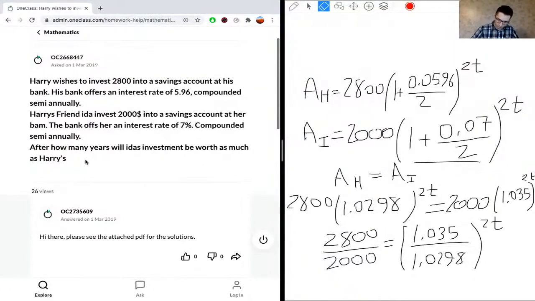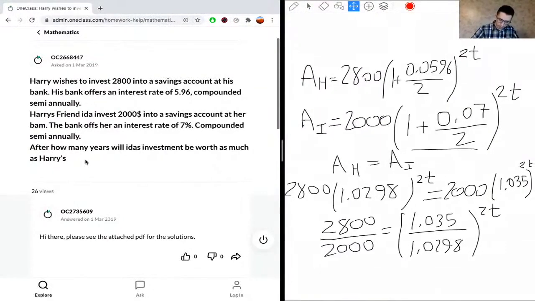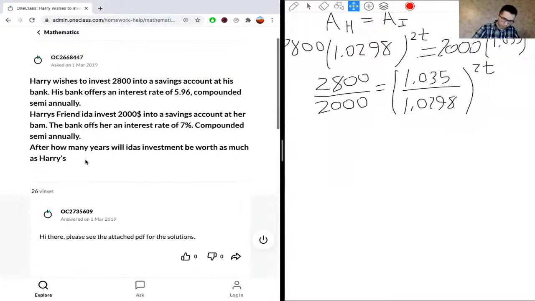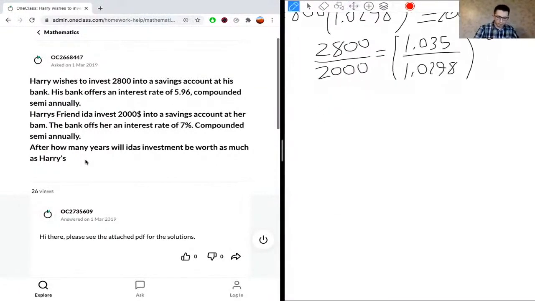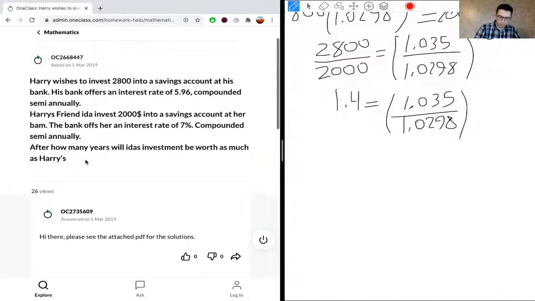Now we have 2800 divided by 2000, and that will give us 1.4, and that will be equal to (1.035 over 1.0298) to the 2t. So to solve for the exponent, we have to take the log of both sides.